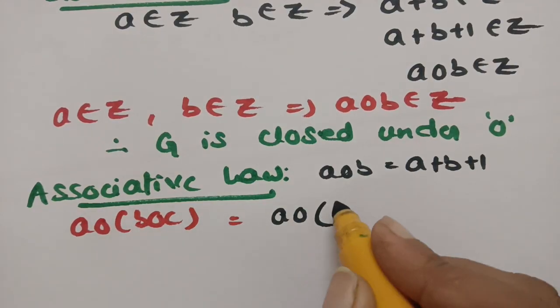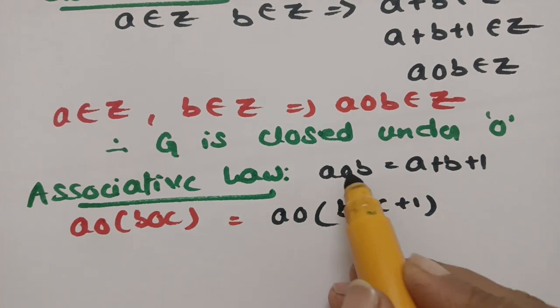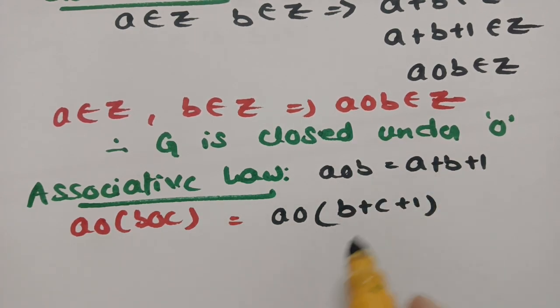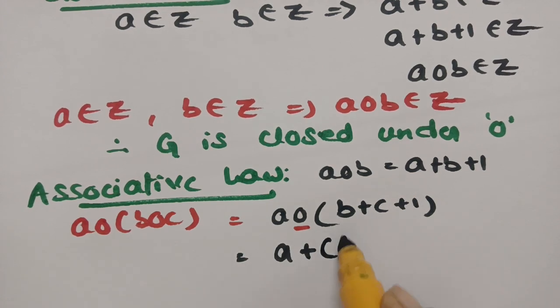So I add b + c and again + 1 according to the definition. Again there is a circle operator, and now we add these two terms and again add 1.